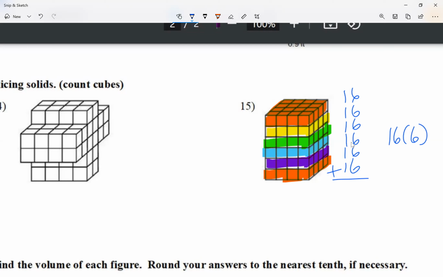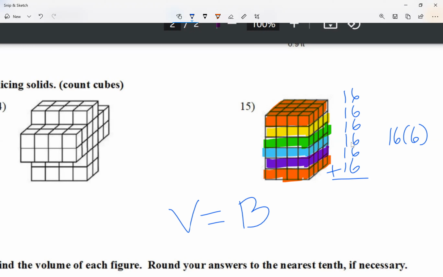The volume of a prism, let me just do V for volume. We have to get the area of the base. Isn't that what we did first? We got the area of the base. In this case, the base is a rectangle. In our cases, our base could be a triangle, it could be a pentagon, it could be whatever it is.